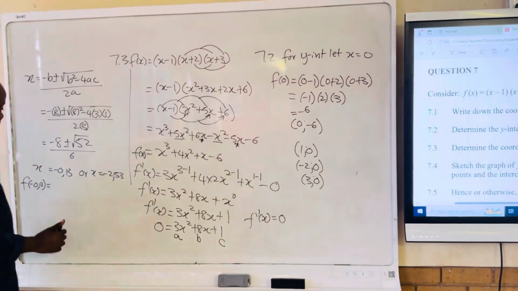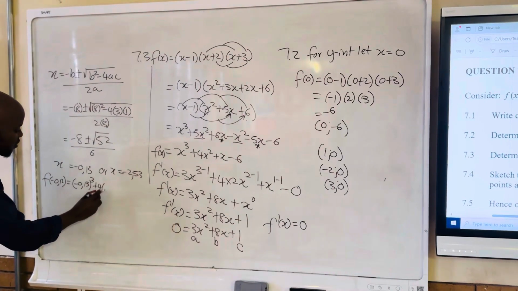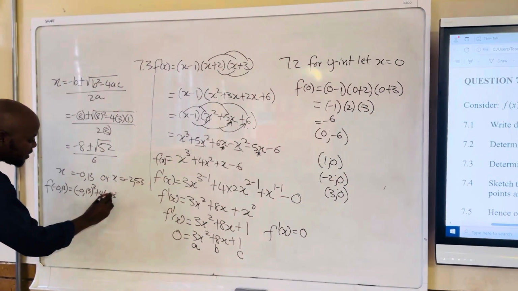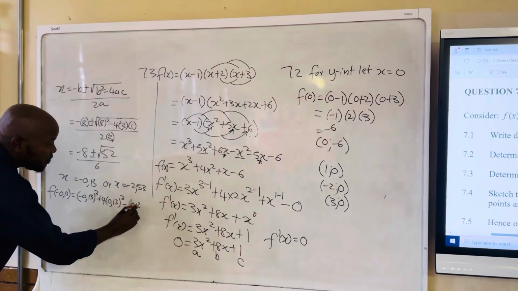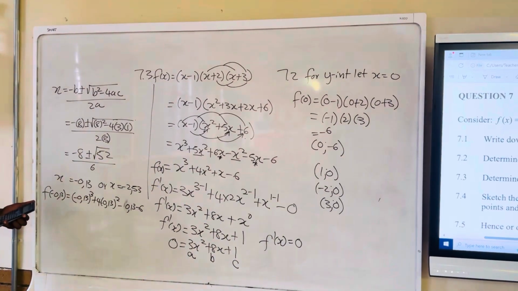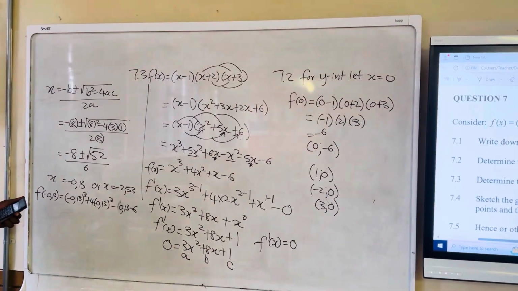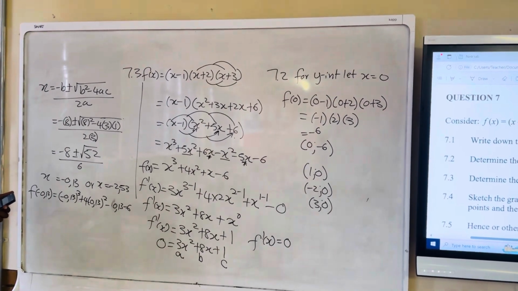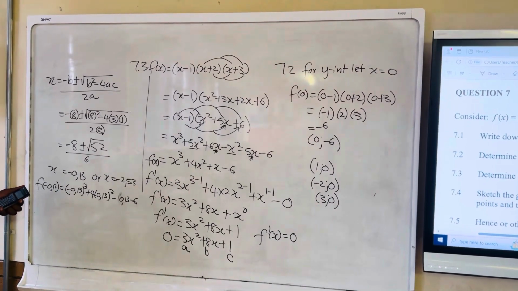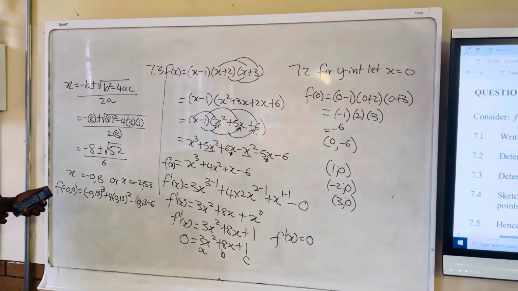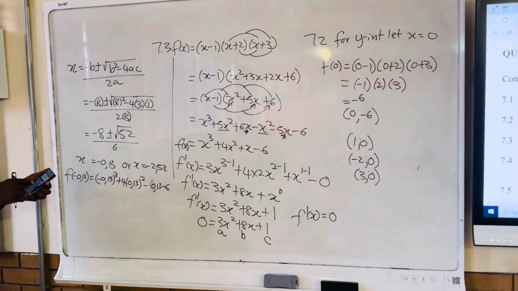We have negative 0,13 all cubed plus 4 into negative 0,13 all squared minus 0,13 minus 6.